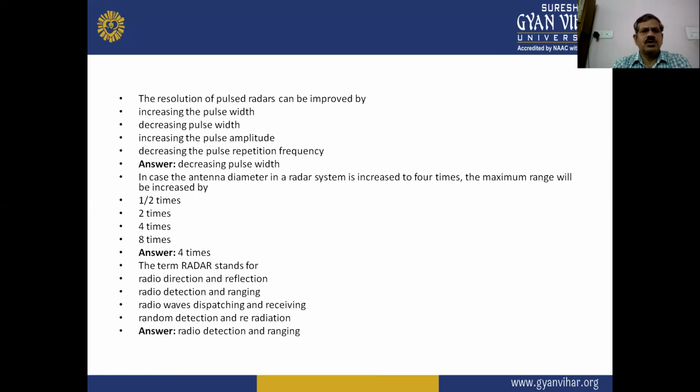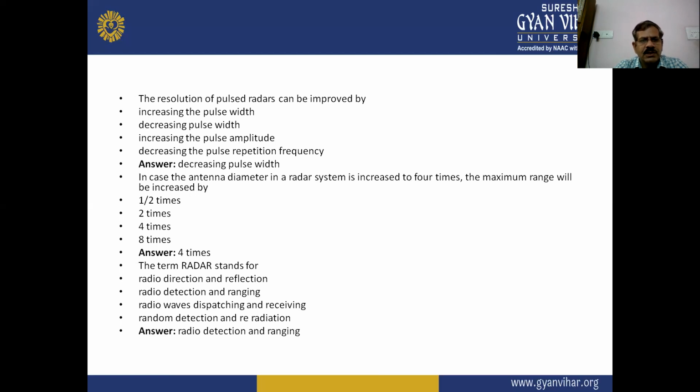So the resolution of a pulse radar can be improved by decreasing pulse width. So option B is the correct answer, because by decreasing the pulse width, the resolution of pulse radar can be improved.